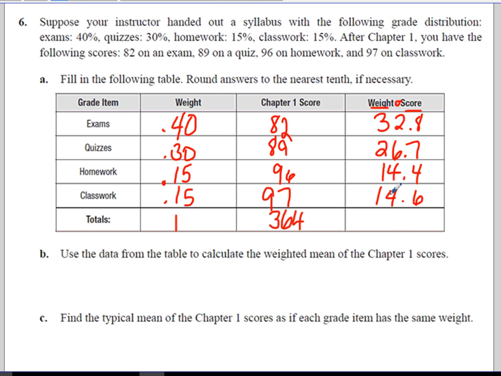And if we add all of those together for the weighted scores, we see that it's 88.5. So the weighted mean gives us 88.5. Remember, we're supposed to divide that by the total of the weights, which is 1, and anything divided by 1 stays the same.